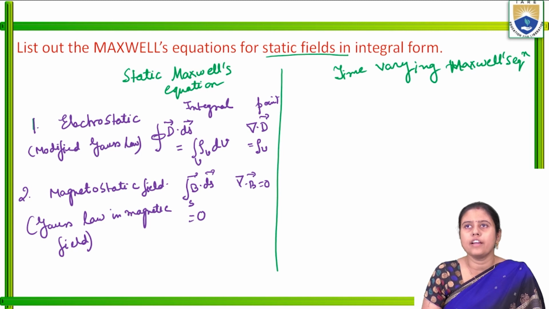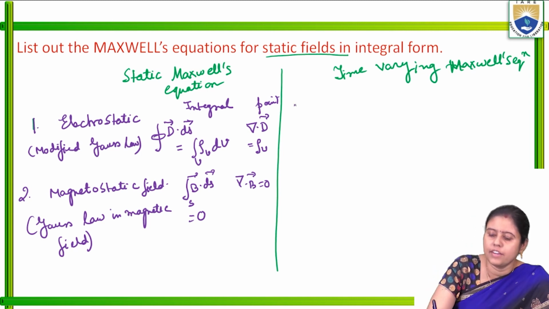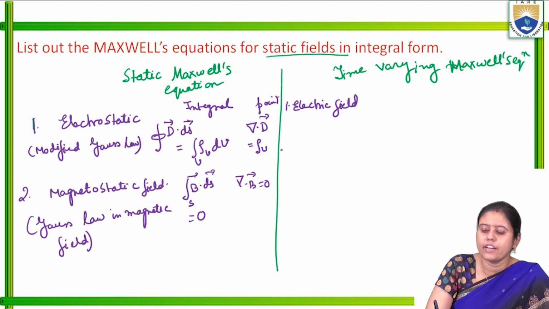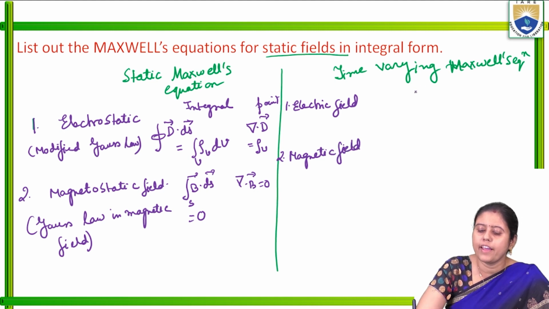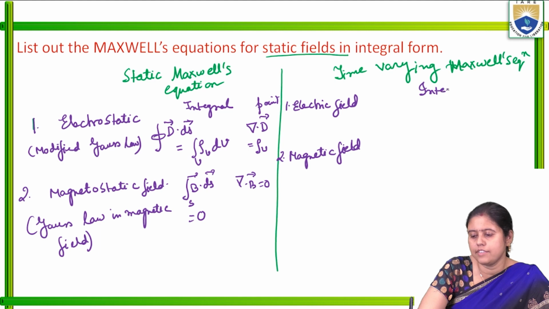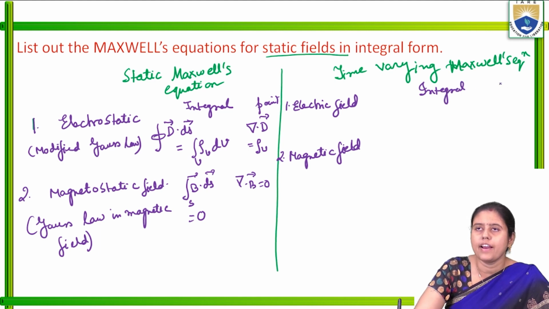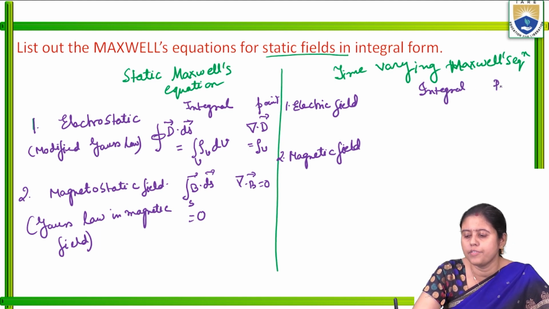Same answer we can give for the time varying field. The time varying field has one from the time varying electric field, and the next one is the time varying magnetic field. Again each has two forms: one is the integral form and another one is the point form.